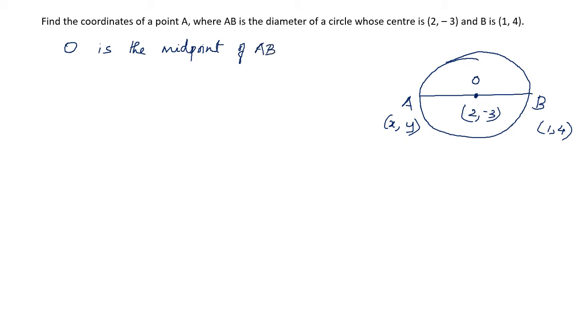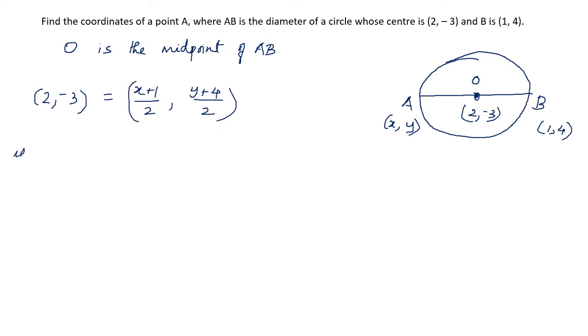So now you can apply the midpoint formula. That is 2, minus 3 is equal to, what will you get? This is the midpoint. So how will you get 2? Yes, x plus 1 by 2, y plus 4 by 2.